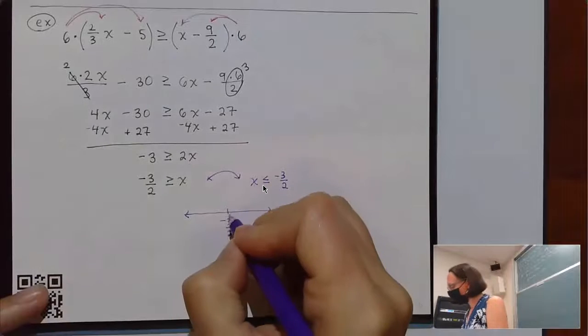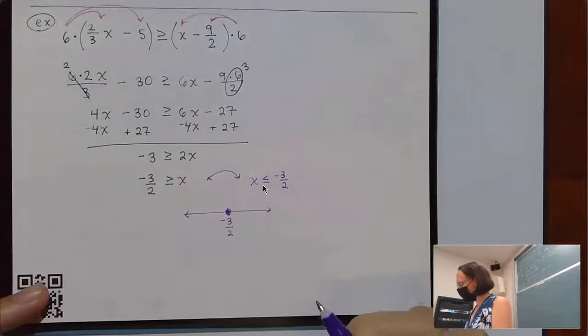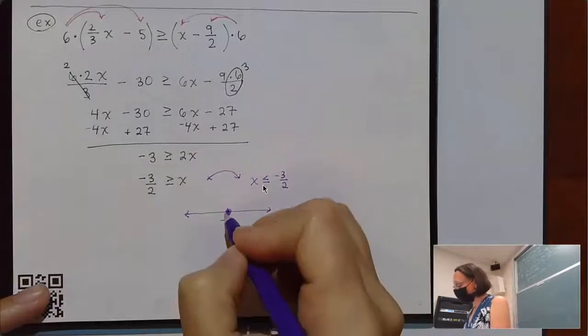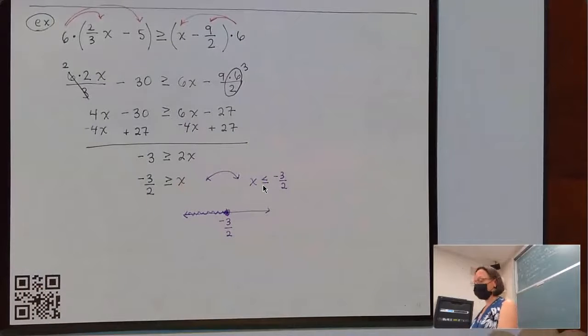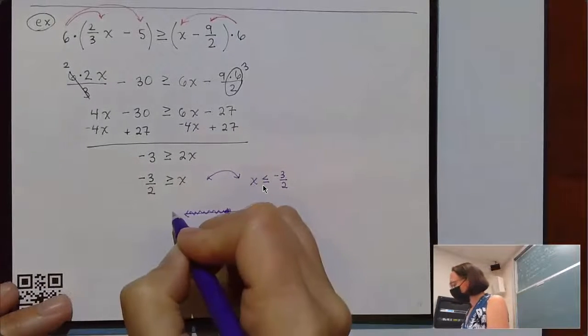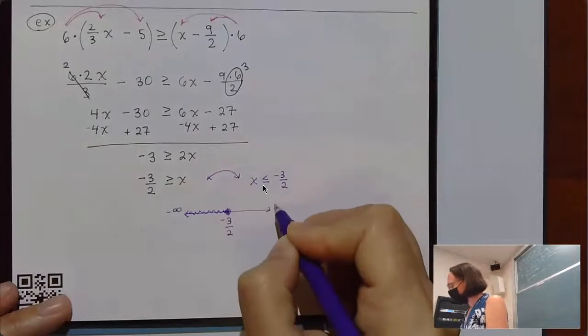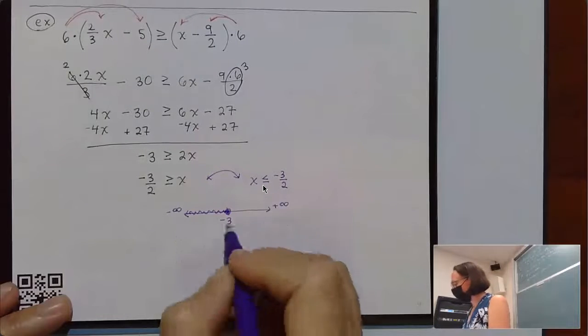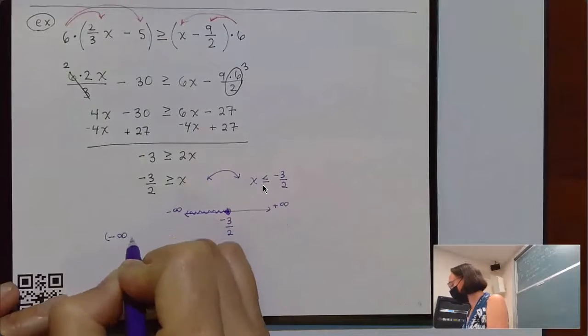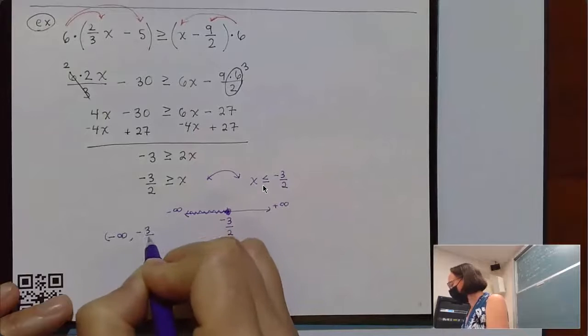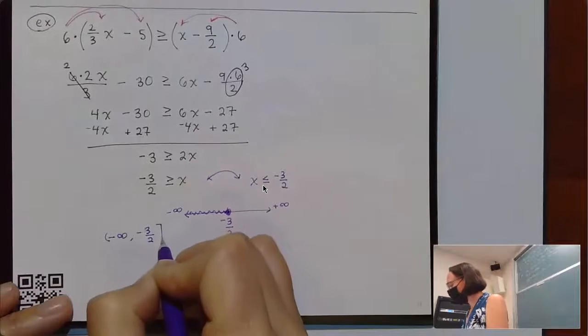If you like the filled in circle notation, I'm going to have a filled in circle and then headed to the left. Or in interval notation, I'll go ahead and put my negative infinity and positive infinity on here. That means that I'm looking at negative infinity to -3 halves with bracket.